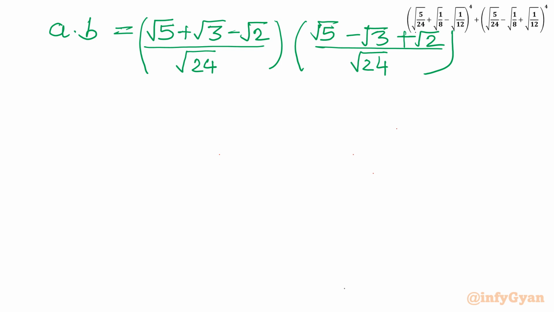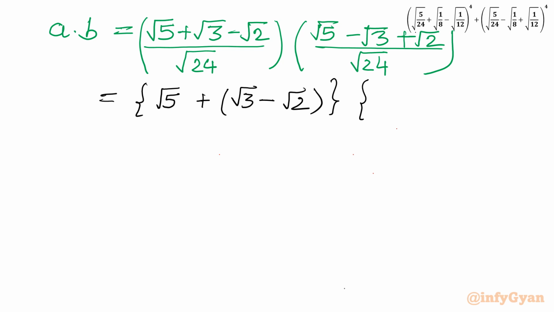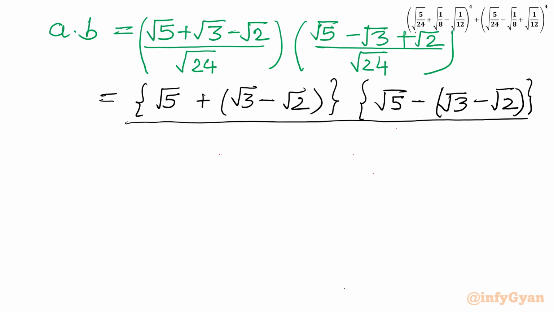Once I take the product of this, the denominator will be 24. So I can write the numerator as root 5 plus square root 3 minus square root 2 in the first bracket. In the second bracket, we can write root 5 minus square root 3 minus square root 2. The denominator is root 24 times root 24, so only 24.